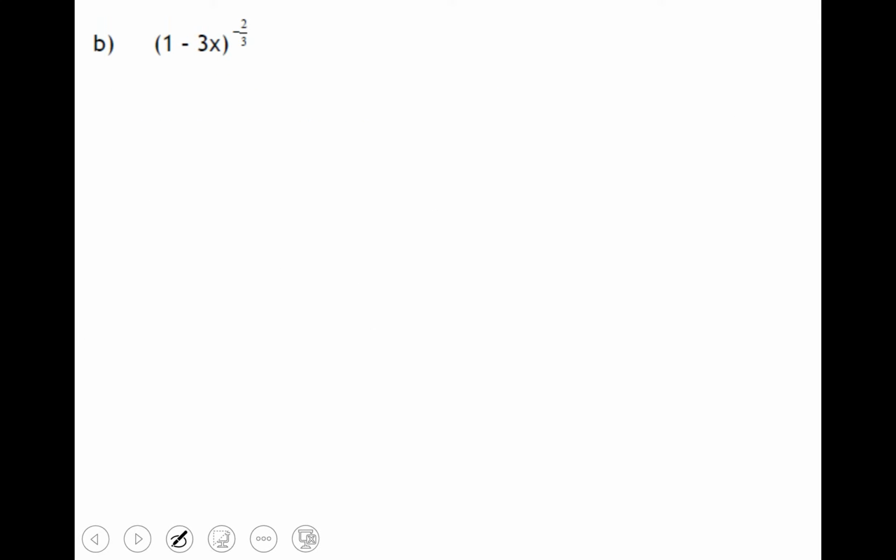Now we also need 1 minus 3x to the minus 2/3 for the second part. So in this case our x is minus 3x, our n is minus 2/3.